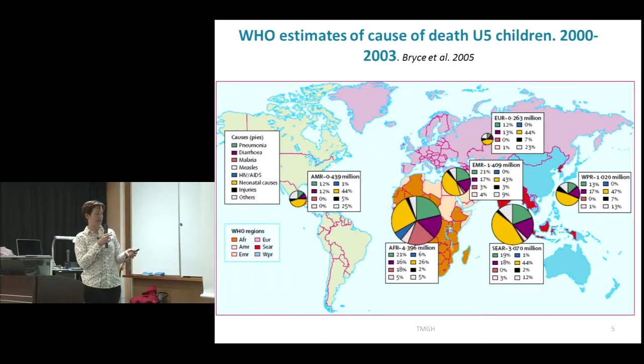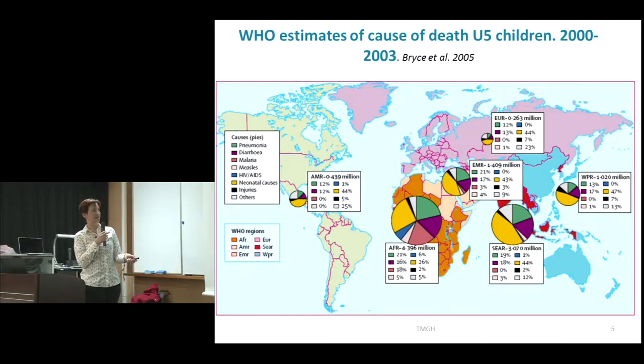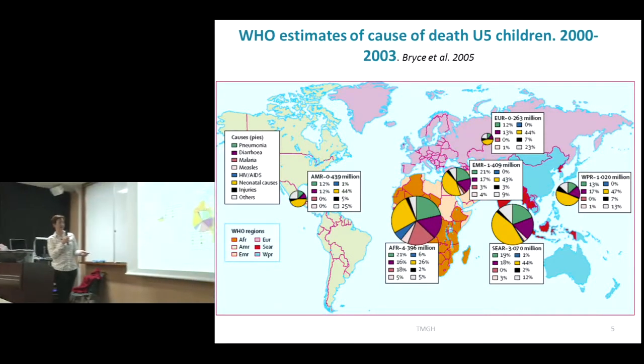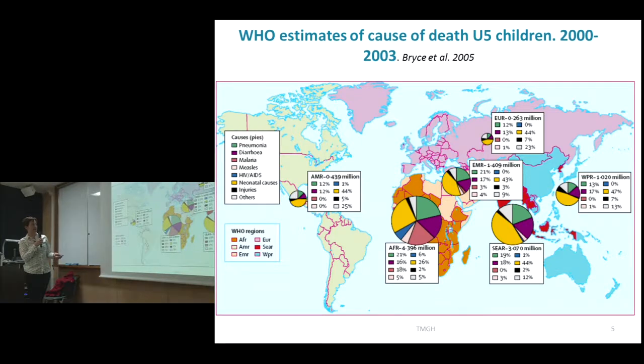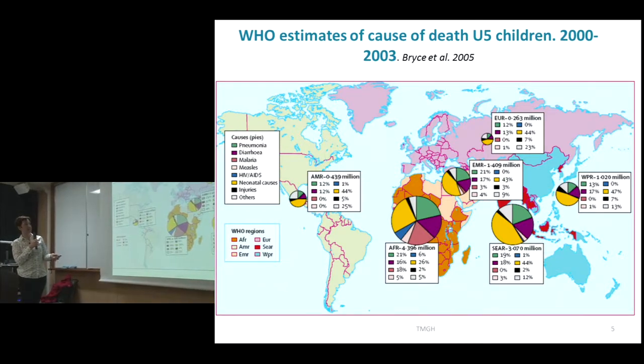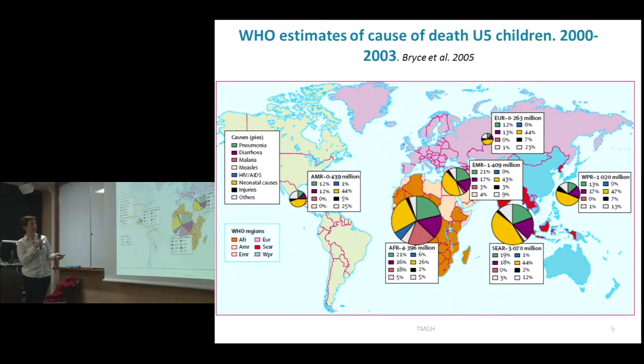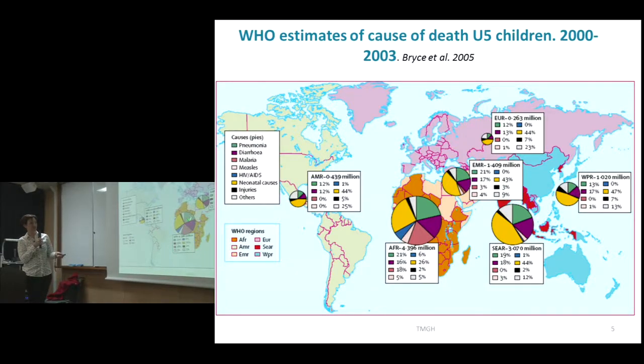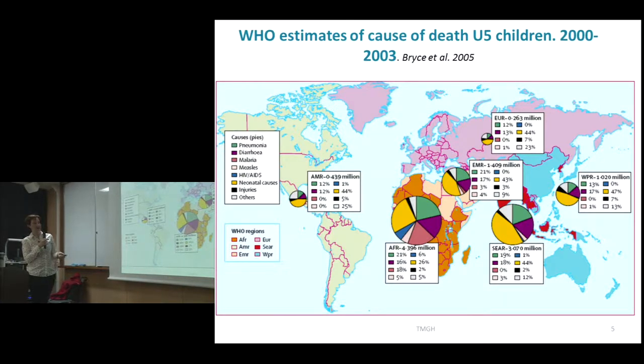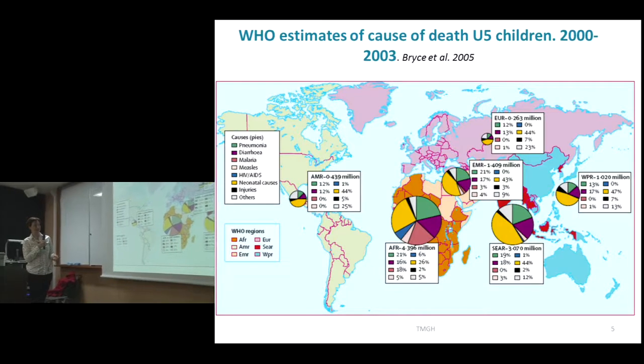From infections, green here is pneumonia, diarrhea, malaria, measles, which is vaccine preventable, HIV, and then here is neonatal causes. And then you've got a bit of injuries and others. So you can see infection is at least half, if more than half, at least in sub-Saharan Africa, with similar patterns in other places.